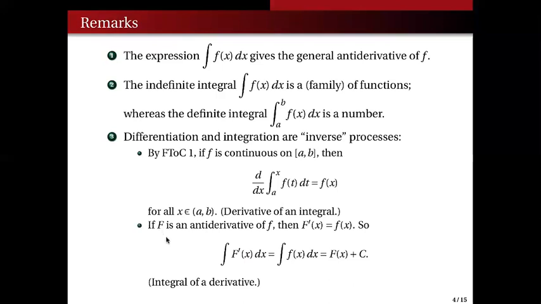On the other hand, if capital F is an antiderivative of small f, then capital F prime of x equals f of x. And therefore, the integral of capital F prime of x dx, and this is your integral of f of x dx, is equal to capital F of x plus c.